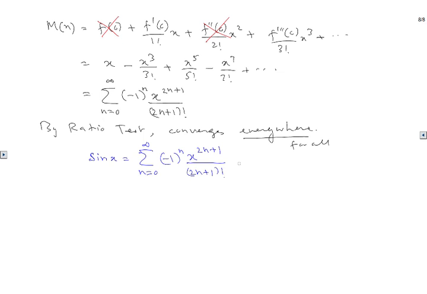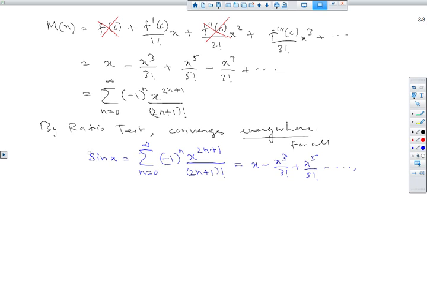So if you write the first few terms, it is x minus x cubed over factorial 3, plus x to the 5 over factorial 5, and minus like that. Only the odd powers, starting with x. And true for all x. Okay, so we're going to put this in a box.